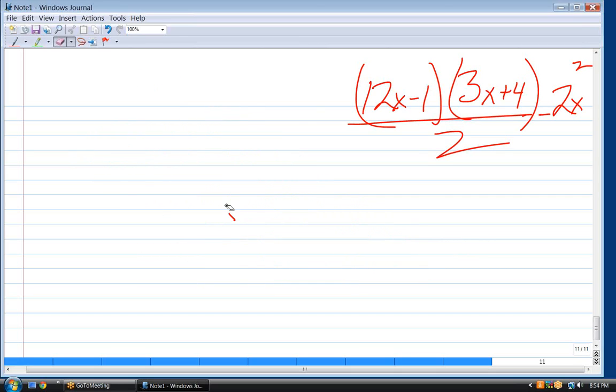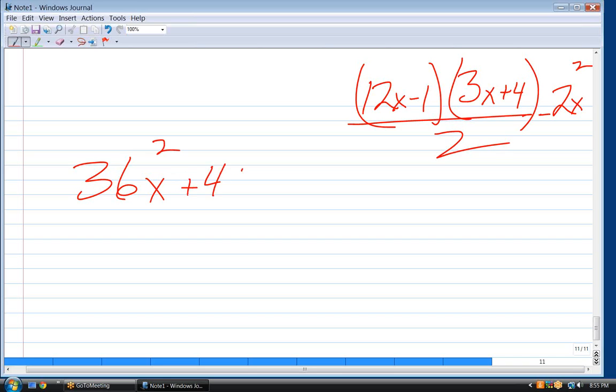Multiply those. The way to simplify this is to multiply those first. Okay, so let's see. 24, 38. 36. Oh, 36, okay, sorry. And then x squared. Okay? And then it would be 12 times 4.